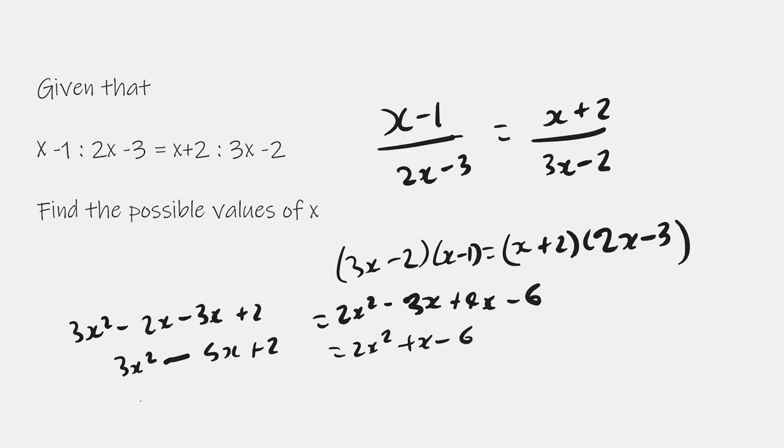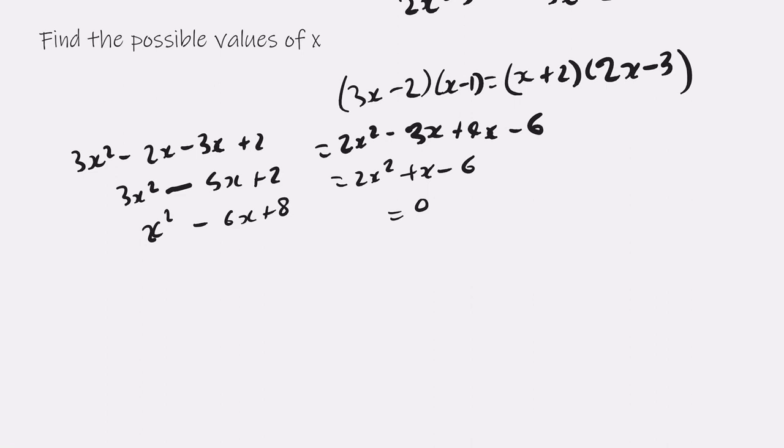Bring everything to one side. x squared minus 6x plus 8 equals 0. Factorize that to get x minus 2, x minus 4 equals 0. And in order to equal 0, one of them must be either x minus 2 equals 0 or x minus 4 equals 0, because any number times 0 equals 0. So x would equal 2 or x equals 4.